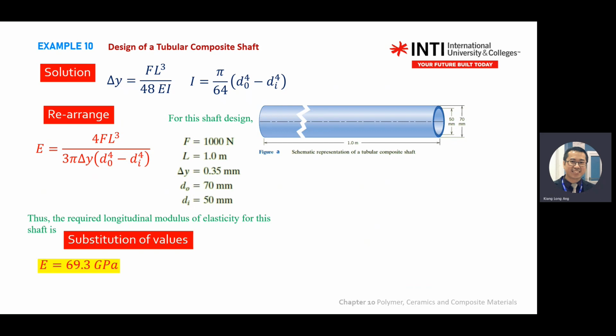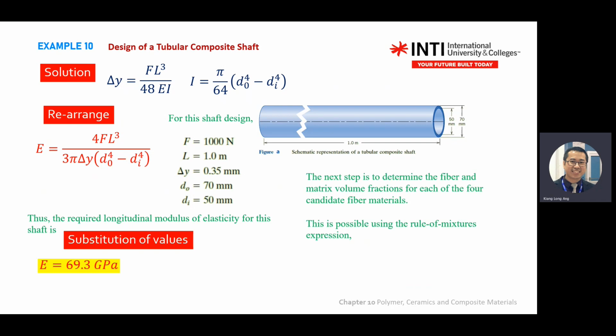You substitute everything here, and at the end you get one number. Based on this number, you see from the table which one is the correct one.